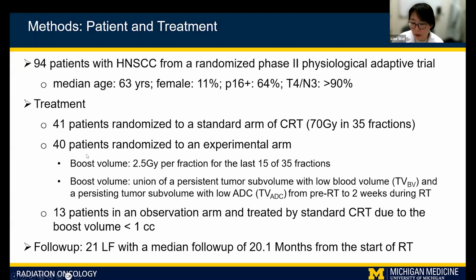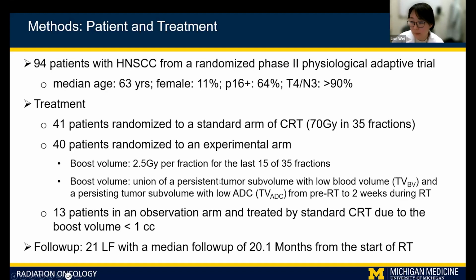And about 40 patients were randomized to an experimental arm. As I just mentioned, there will be a boost volume that will be given a bit more dose. This boost volume is determined by a union of persistent tumor subvolume with low blood volume and persistent tumor subvolume with low ADC from pre-treatment to 2 weeks during RT.